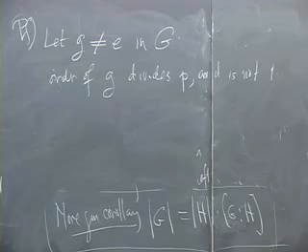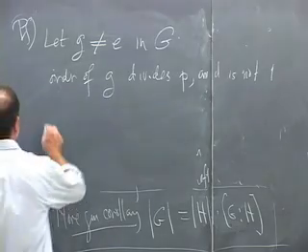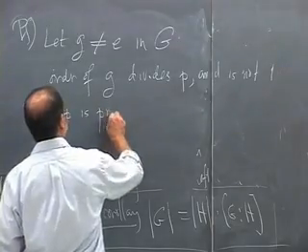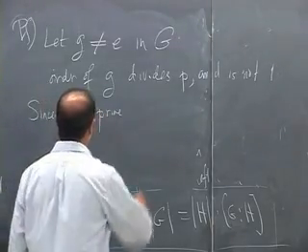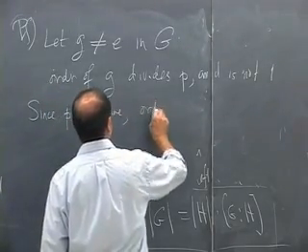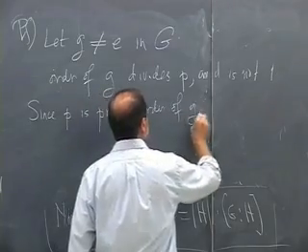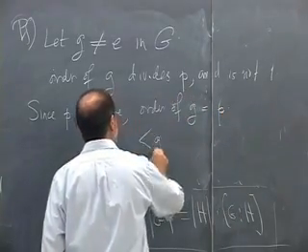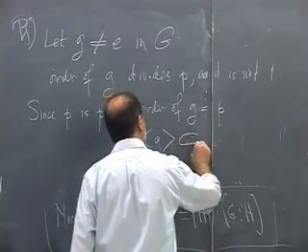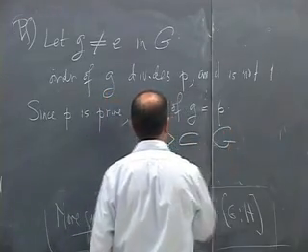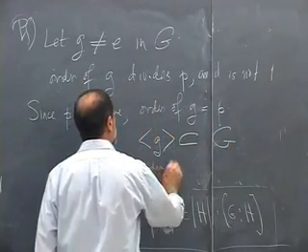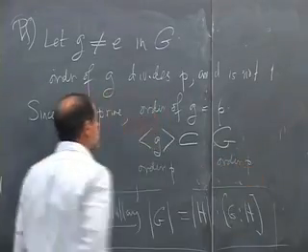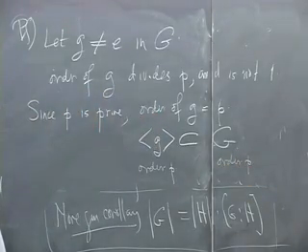Good? Hence, since p is prime, its only divisors are p and 1. We see the order of g is equal to p, which says that the subgroup generated by g, which is a subset of G, has order p. And if you have finite sets, one contained in the other, and they have the same order, they're equal.